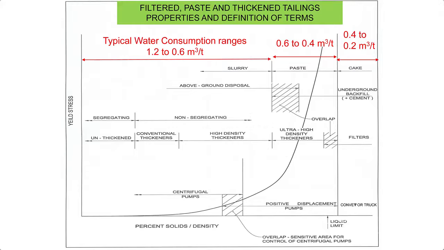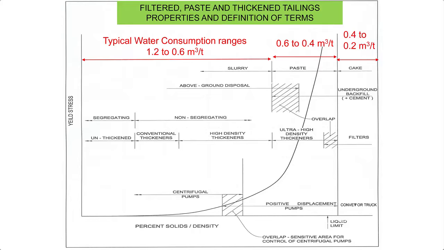And the red numbers at the top indicate the types of water consumption that you can expect if you're in the slurry range, the types of water consumption in the paste and in the cake range. And so if you're able to filter your material down to a cake, you're probably using three times less water than you would be if you were doing conventional slurry disposal.